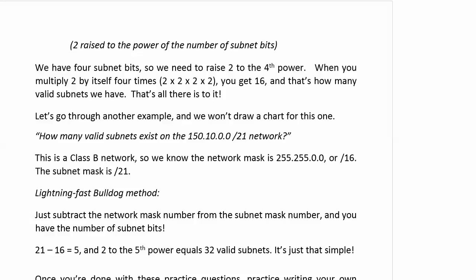Just subtract the network mask number from the subnet mask number, and you have the number of subnet bits. You don't have to draw out a thing. All you got to do here is subtract 16 from 21. That's all there is to it. That gives you your number of subnet bits. It does not give you the number of valid subnets. It gives you the number of subnet bits, and then all you got to do is raise 2 to that power. So 2 to the 5th power, 32 valid subnets, you're done.